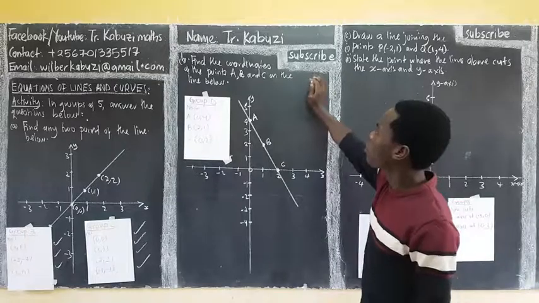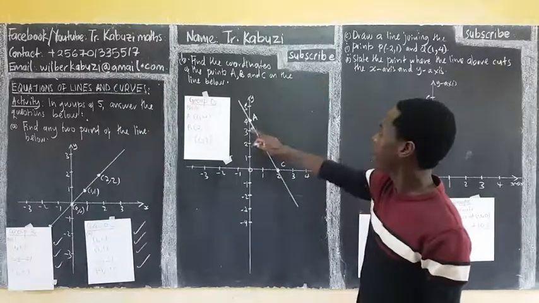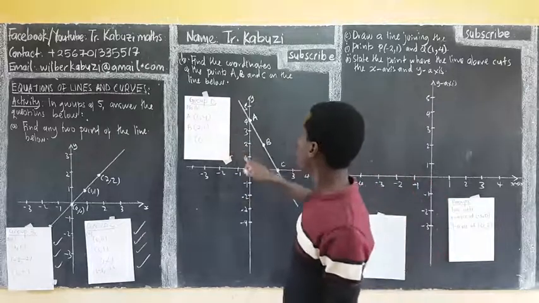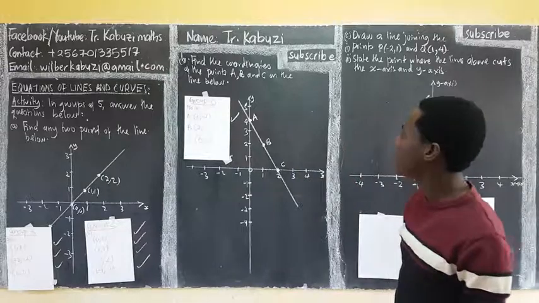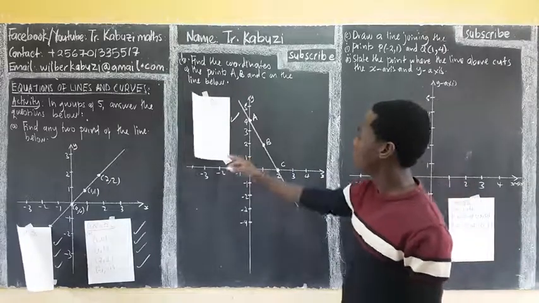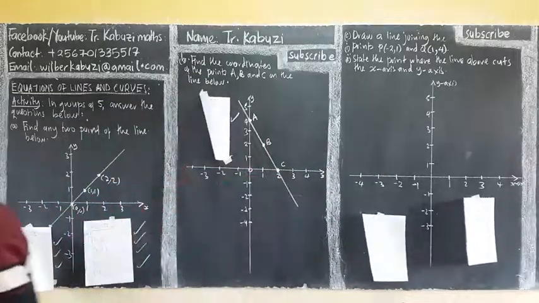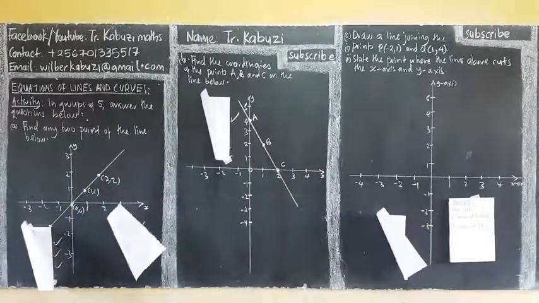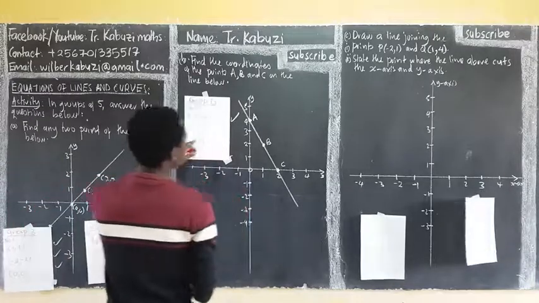Then when you mark this group, find the coordinates of the points A. Where is A? A is here. So A is 0, 4. They have 0, 4, which is okay. Then B, they have 2, 1. Is it 2, 1? Let me get my pen. So here people are having this as 2, 1.